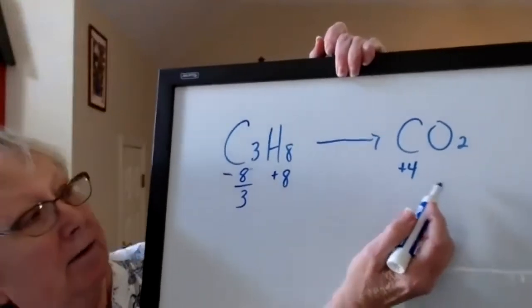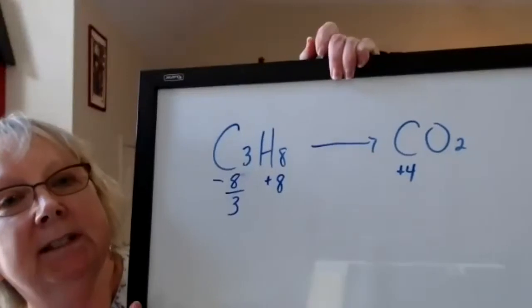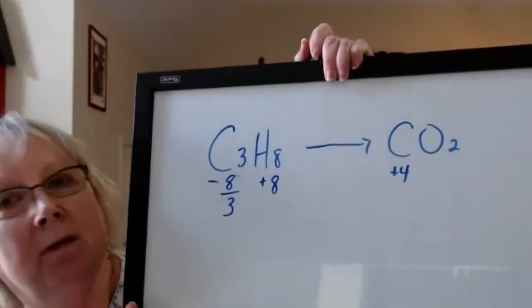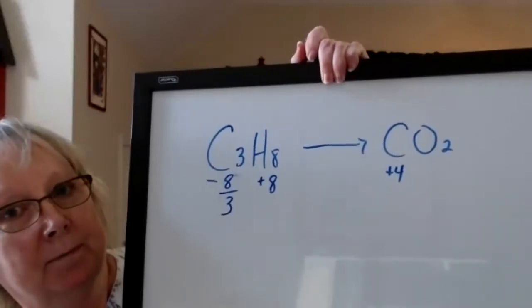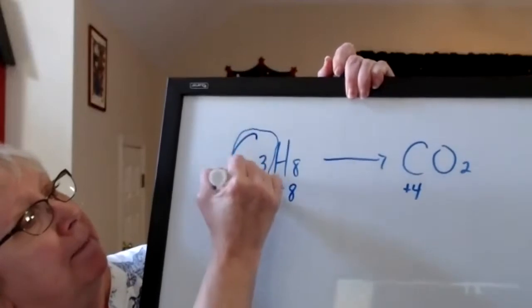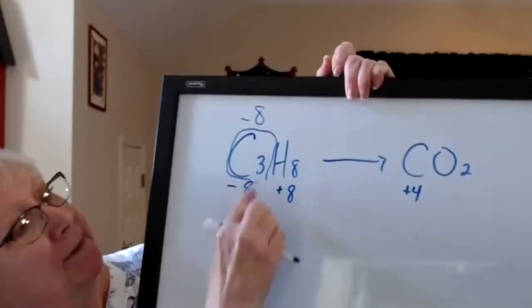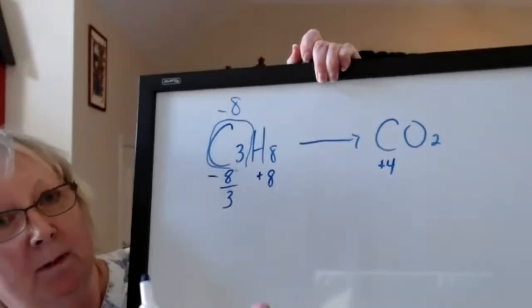The CO2. Okay. If hydrogen 99% of the time is a +1, the only time hydrogen is a -1 is with an active metal. So if this is a +8, this half of the compound has to be a -8, but there's 3 of them sharing that. No problems.